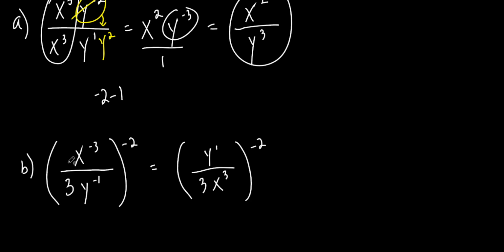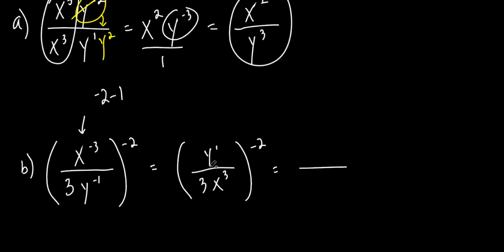So that's what I would do first. Remember, order of operations: do what's in the parentheses first. I simplified in the parentheses. Now, when I have a fraction in parentheses being taken to a negative exponent, this is one of the last things we talked about yesterday, do you remember what we do with that fraction? I'm going to flip the fraction, and then change that to a positive 2. So here we go.